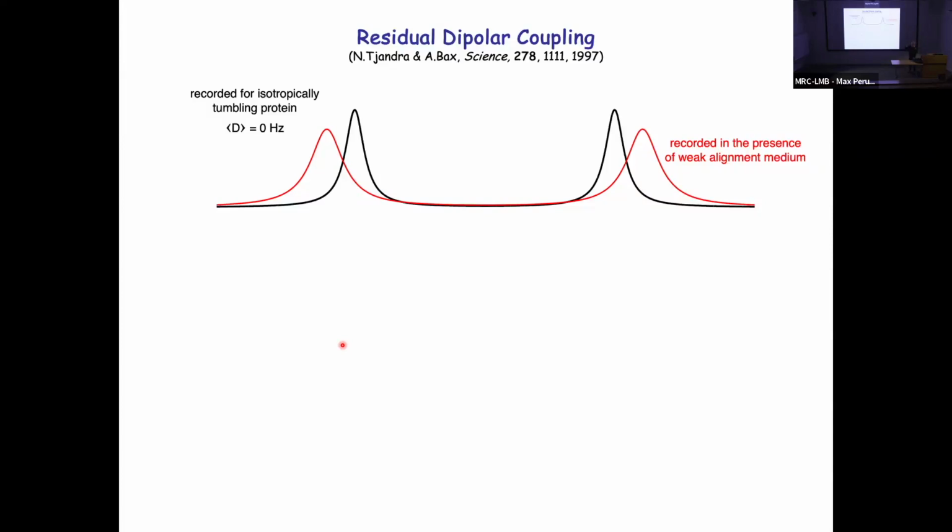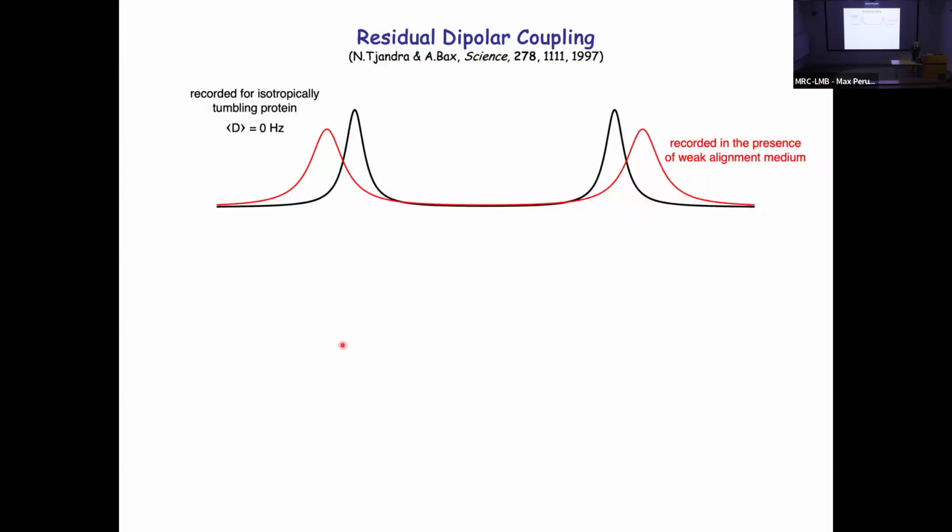Maybe we want to recover a few tens of hertz or something. So what we do is we record the spectrum in an isotropic solution where everything's rotating equally in every orientation. And then we put the sample into a different medium that is collimated with respect to the magnetic field.